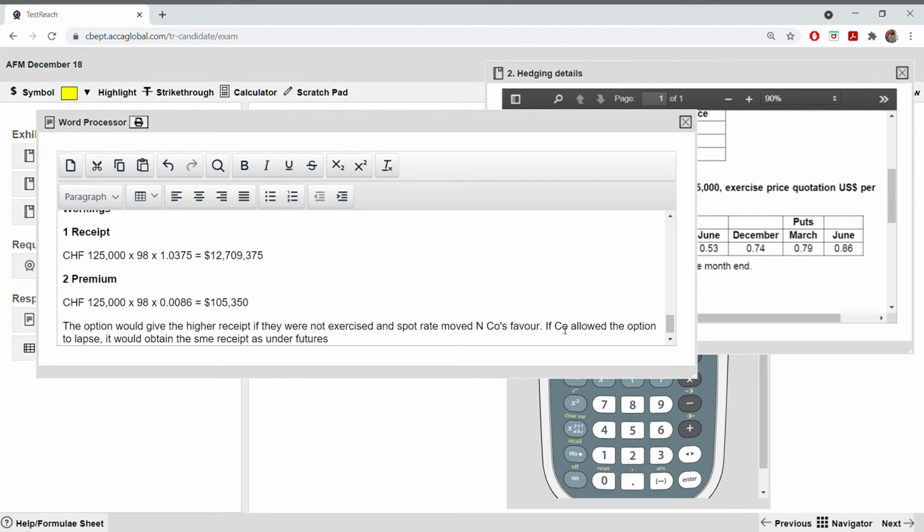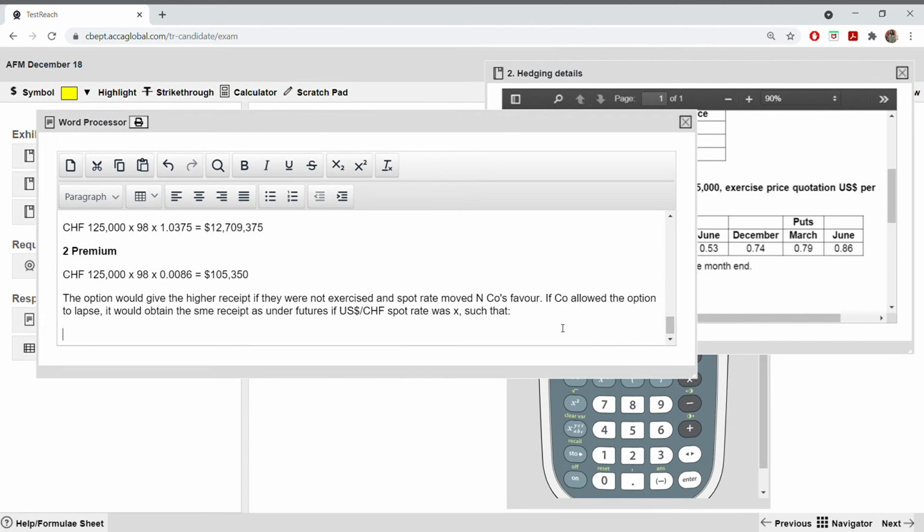If the US dollar, Swiss franc spot rate was X, so now we have to find that X such that... how are you going to find that X?